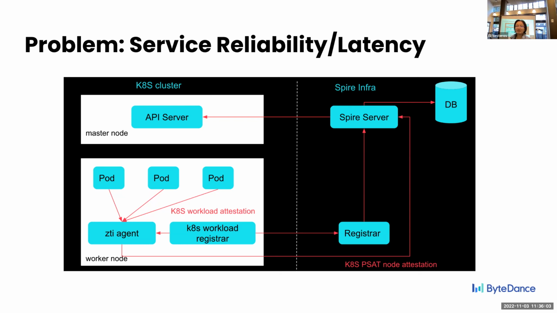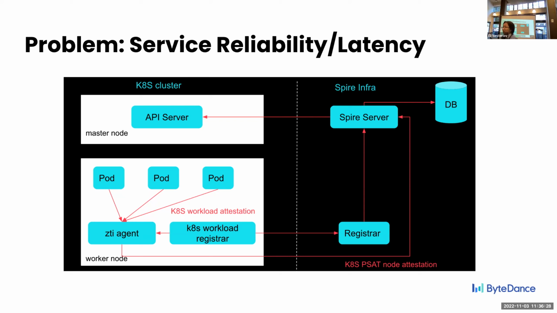But apparently there's the first problem, because our scale is very large. Maybe just a medium-sized PaaS platform has more than 100K workloads running on top of that. And no one is sure how large our Spire cluster needs to be to support such a large scale. And also there is a lot of latency here, like the workload registration process, the sync between the ZTI agent and the Spire server, and the sync between pod and the ZTI agent.